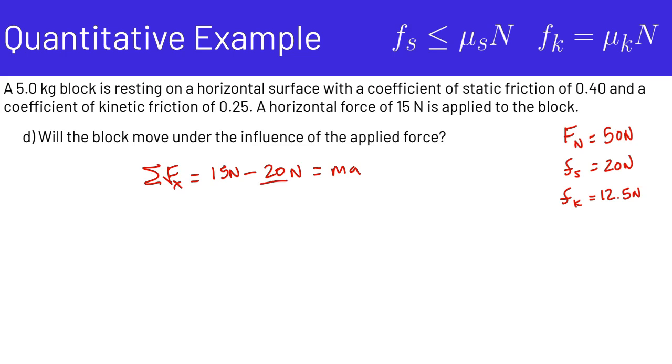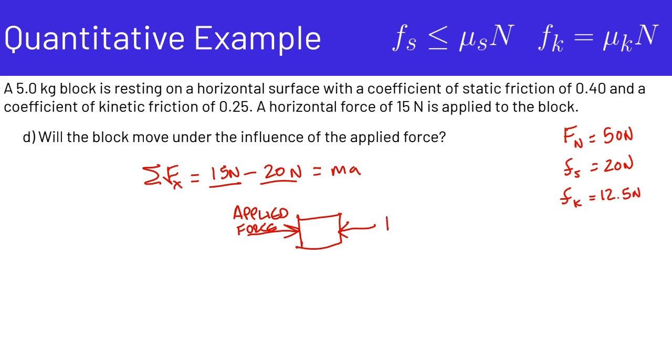So this number is larger than this number. So we're going to have a negative force. So if we imagine the block here, and we imagine that we're applying a force, but the friction force is working against that force, pushing the block to the right.